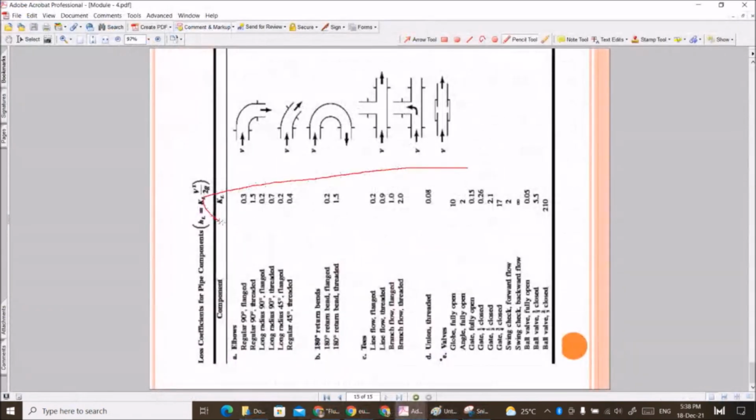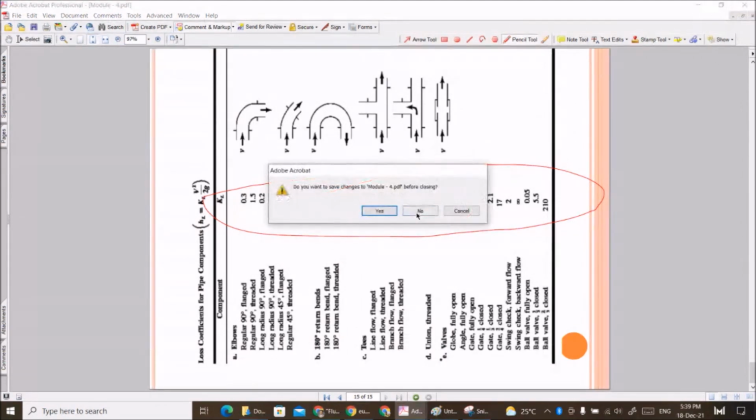Here this is the chart, and here we'll find the globe valve and all this. These values are given to you, and they depend on the manufacturer of these elbows, so it is not so important what value you choose. But if you see the globe valve, the value is 10 because there is too much head loss at the globe valve, as it is a control valve.